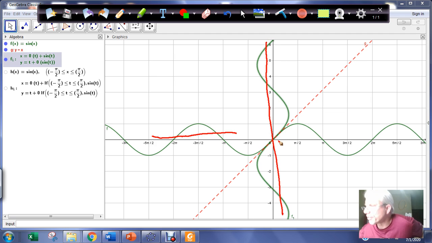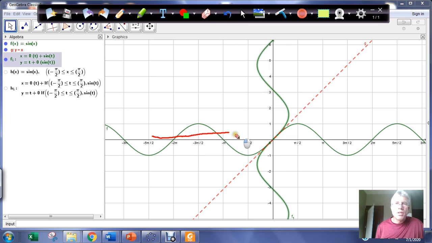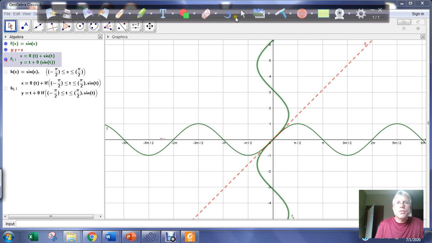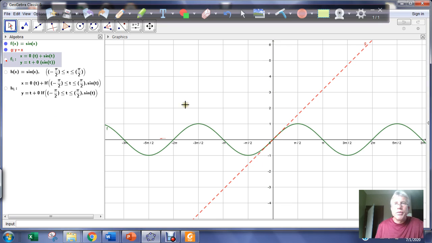And if you don't pass a vertical line test, then you're not a function. So our problem is, because the sine function is not 1 to 1, it does not have an inverse function. The reflection of the sine function in the line y equals x isn't a function. So that's what the problem is right now.